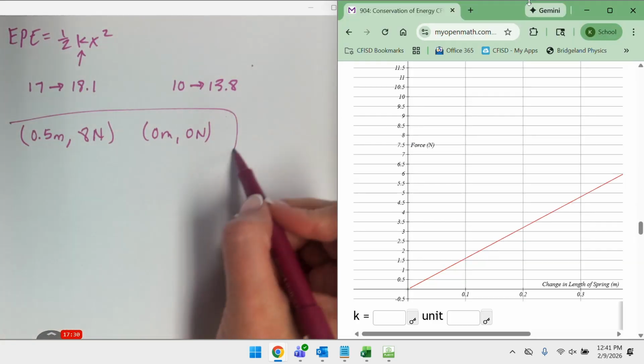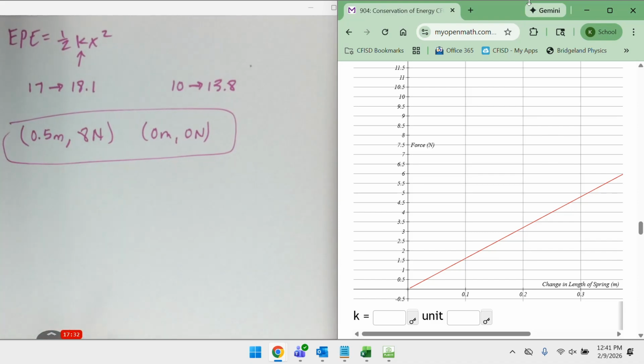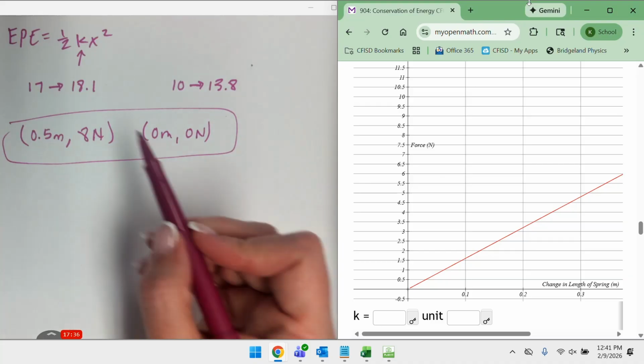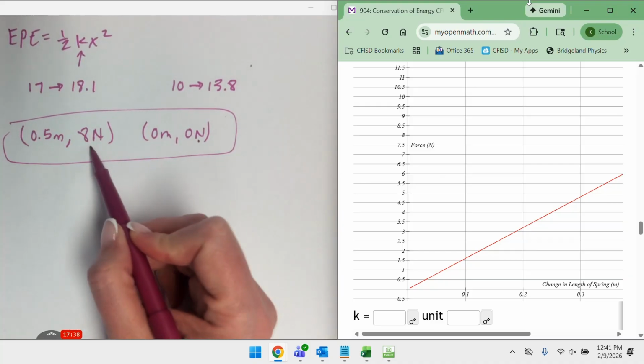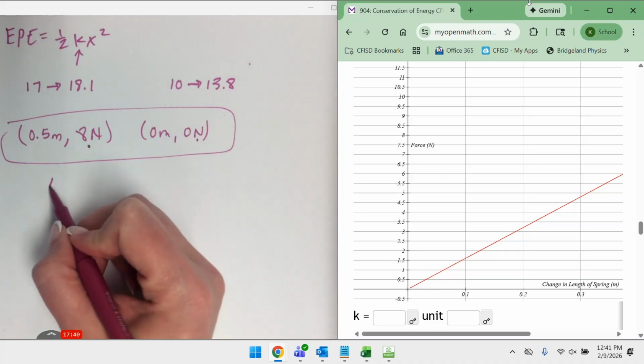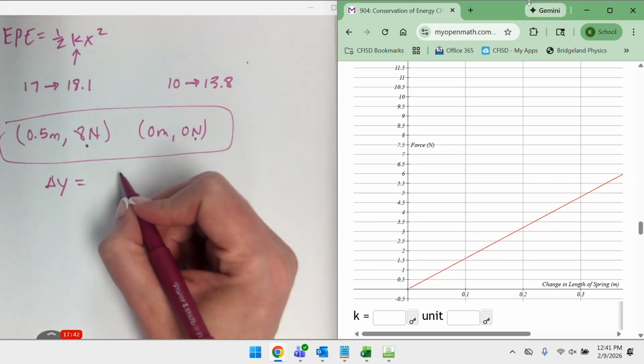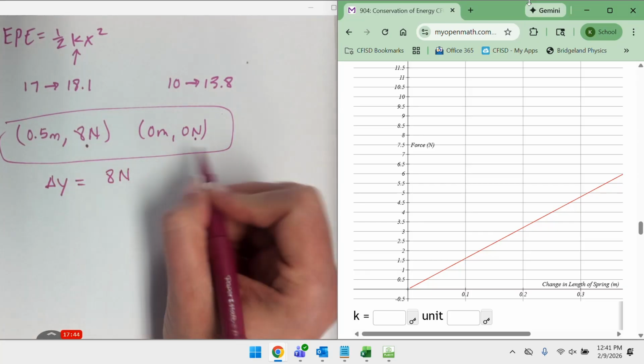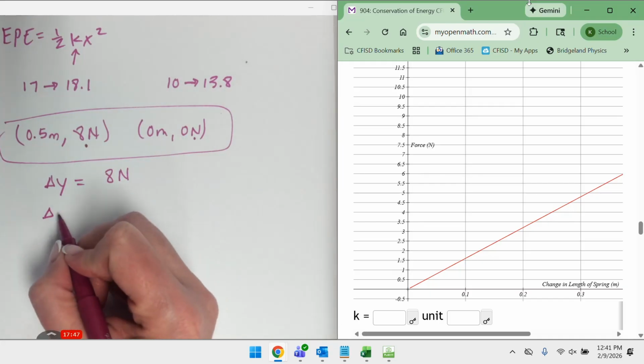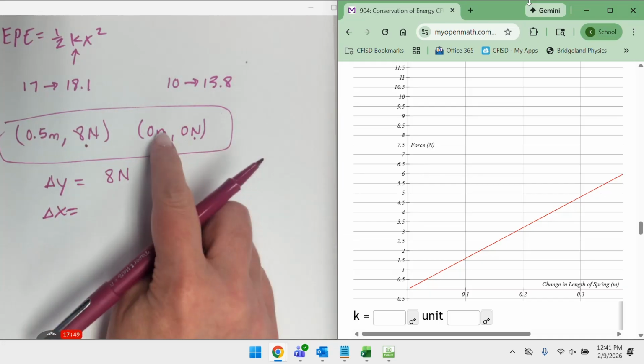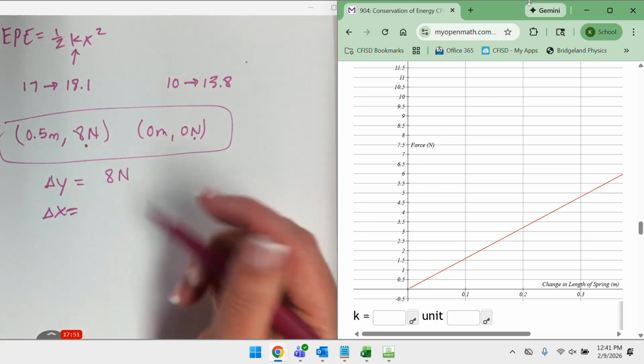Okay, and so if you want to find the slope, again, these are the 2 points that we chose. But if you want to find the slope, it's change in y over change in x, or rise over run. Again, going from 0 to 8 for my y value, my change in y would be equal to 8 newtons. If I went from 0 to 8, my change in x would be going from 0 to 0.5.